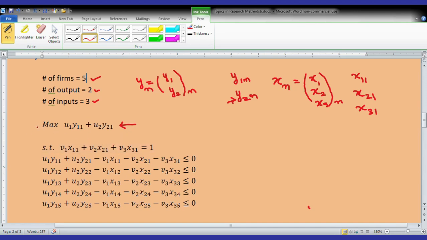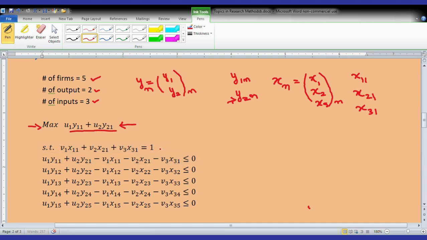This system has been written by normalizing the denominator of the fractional program, something that we had seen in our class discussion. So for the first form we are writing this system, maximizing this objective function subject to these constraints.